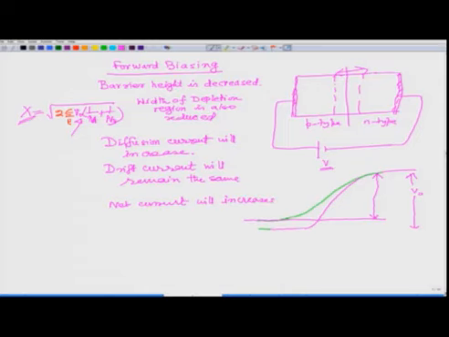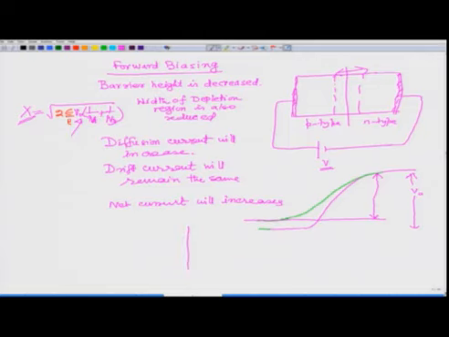Not linearly, because it all depends on the population of electrons in those higher levels, and that is exponential, that has a more complicated form. So, the current first increases very slowly, and then after a certain voltage it increases suddenly, steeply.